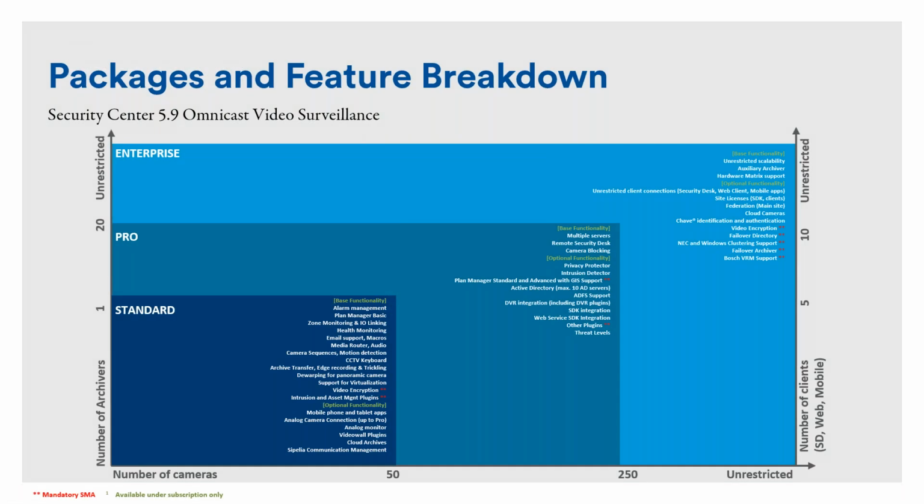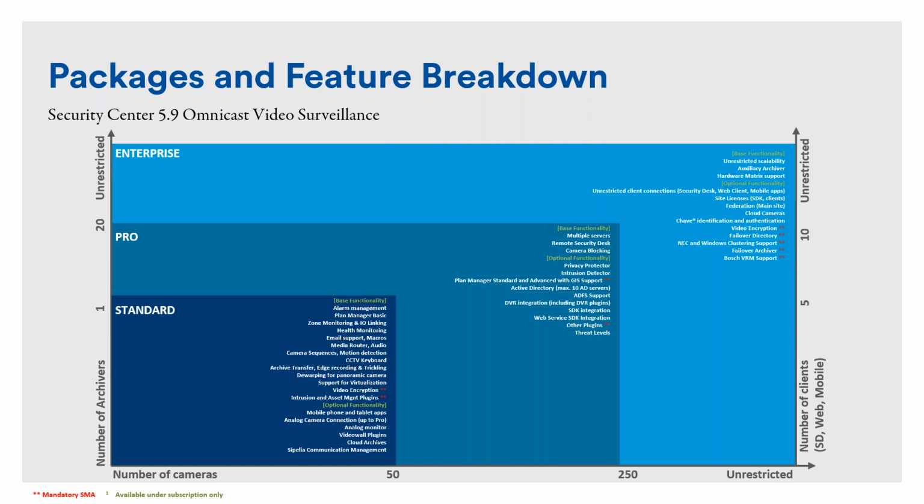So let's talk about licensing really quick. Right here, this diagram comes from the Security Center 5.9 ordering guide. And I'm going to post this to the handouts as well. But I just want to go over this diagram really quickly. This diagram lists the Security Center packages.